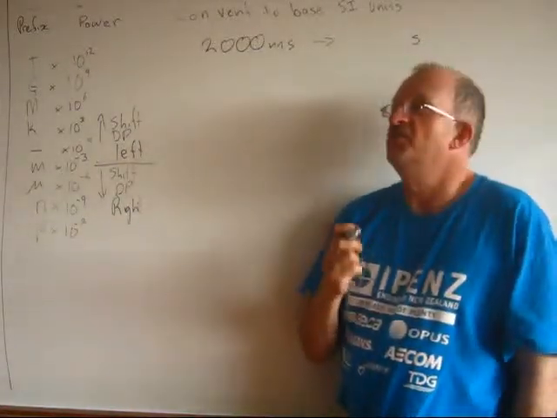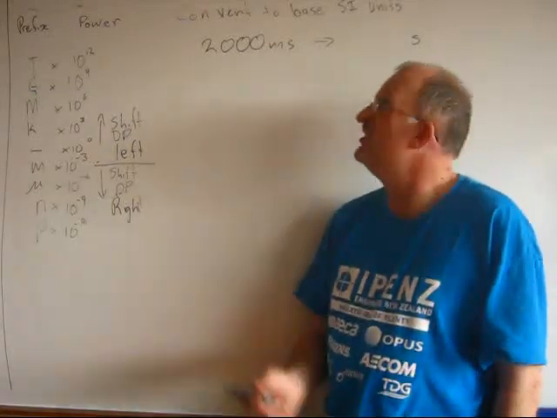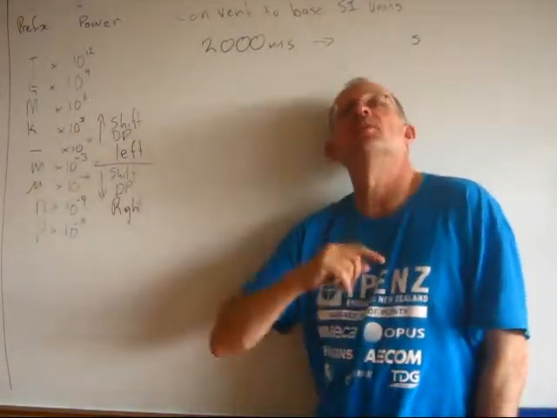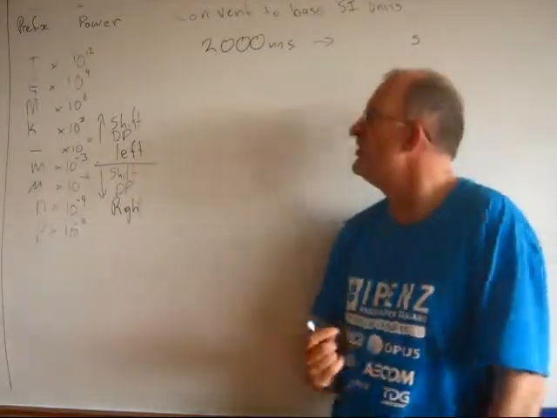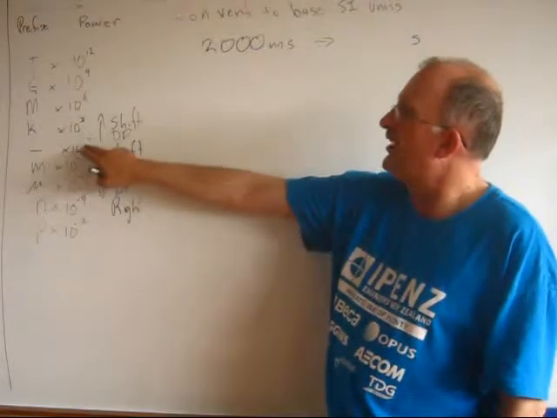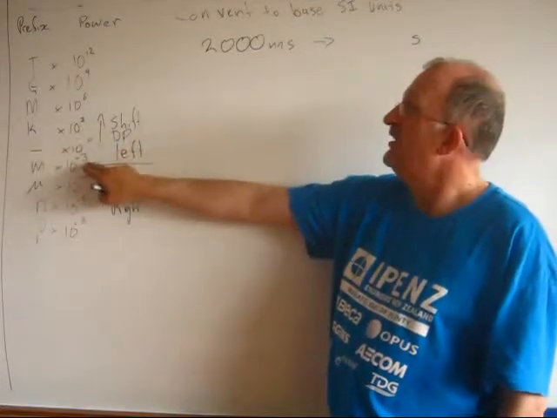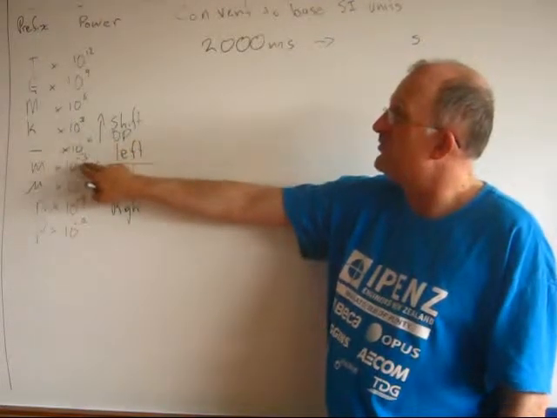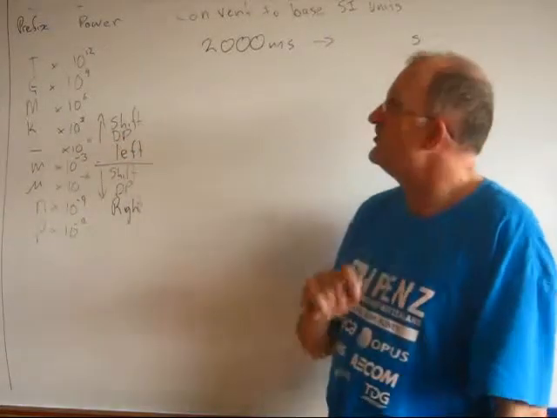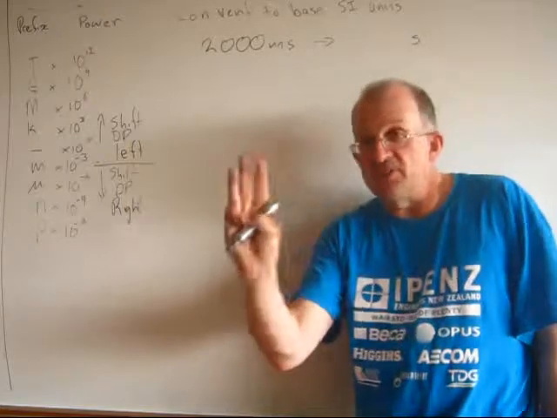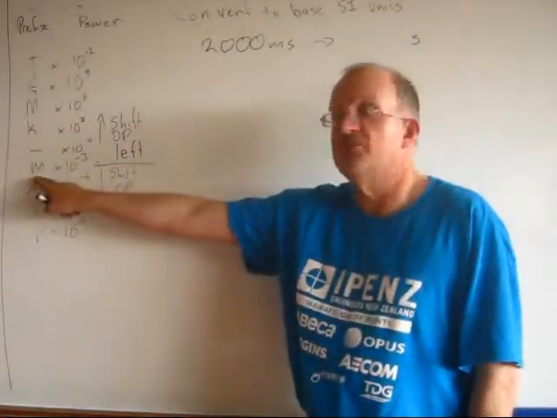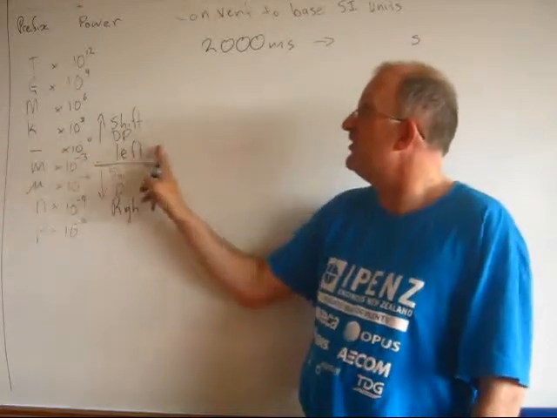So the next question is, how many seconds is that? There are two steps we must do. Step one, we must figure out how many places we're going to shift the decimal point. Milli is -3, the base unit is 10 to the 0, so the difference between these two numbers is 3.